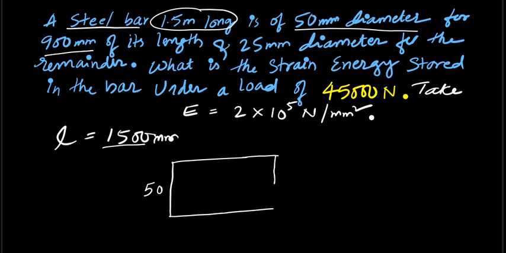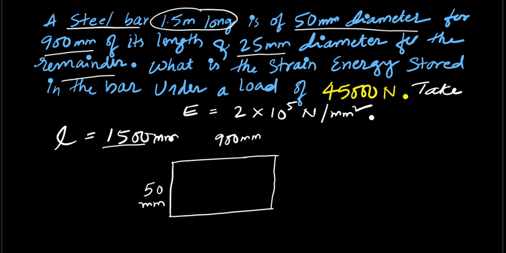So this is the length of 900 millimeter, and 50 millimeter is the diameter out of the 1500 of its length. Again, 25 millimeter diameter for the remainder.